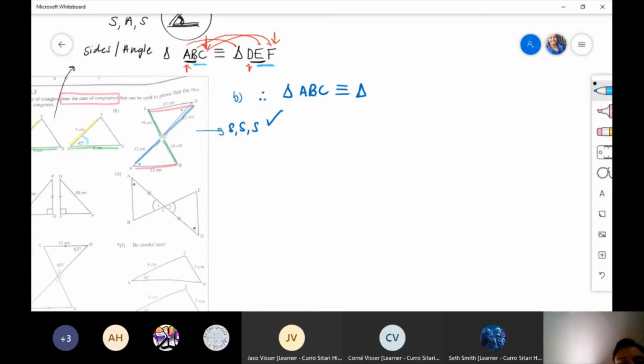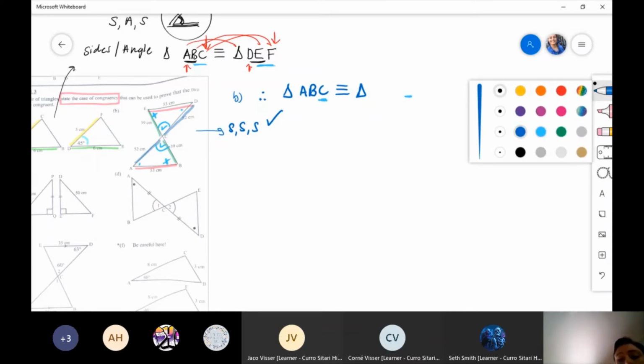And angle B sits between the 53 centimeters and the 39 centimeters. Therefore, that angle is the same as this angle E, between the 53 and the 39 centimeters. And from here, I can clearly see I've got that situation which we already saw last week. It's called vertically opposite angles. So C should be in the correct position according to C.